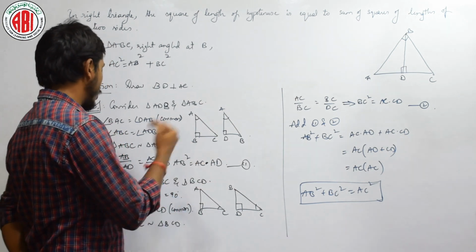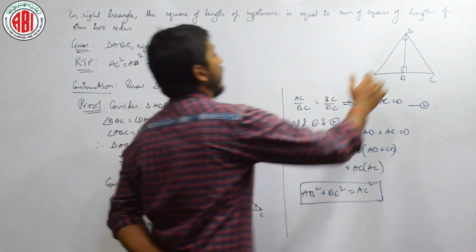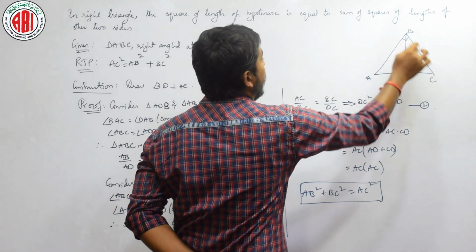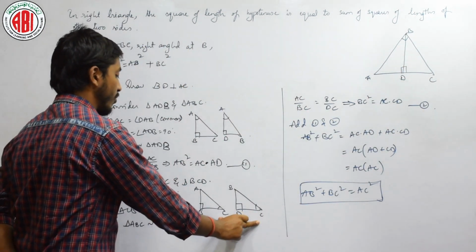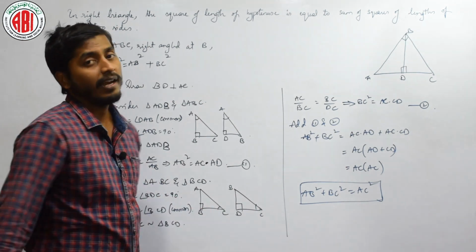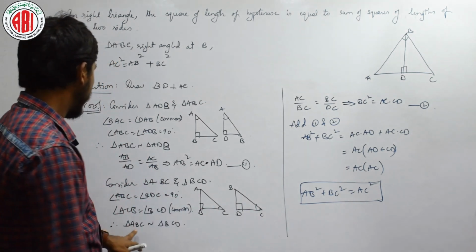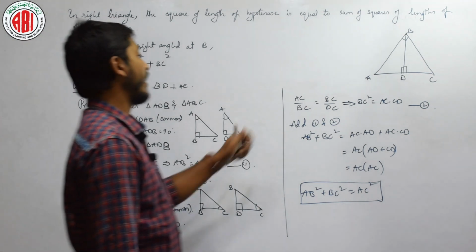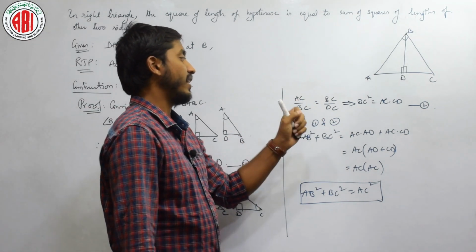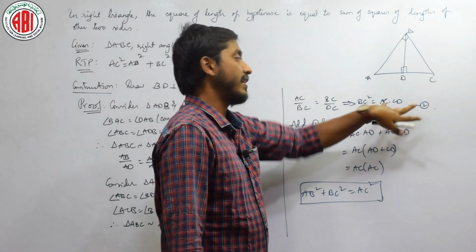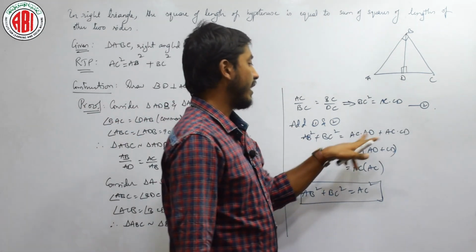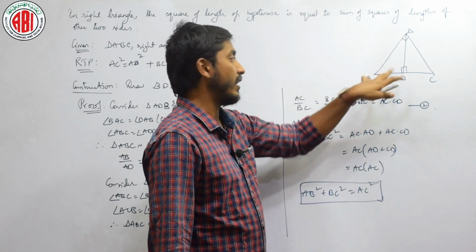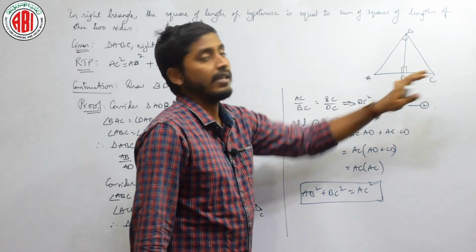Similarly, I have considered two more triangles, that is triangle ABC and triangle BCD, right. So that angle C is common in both the things and B and D are 90 degrees. That is, both the triangles are similar. From that I can write it as AC by BC equal to BC by DC. From that BC square equal to AC into CD. If I add both and I have taken AC as common, so that I got AD plus CD, which is nothing but AC, right.